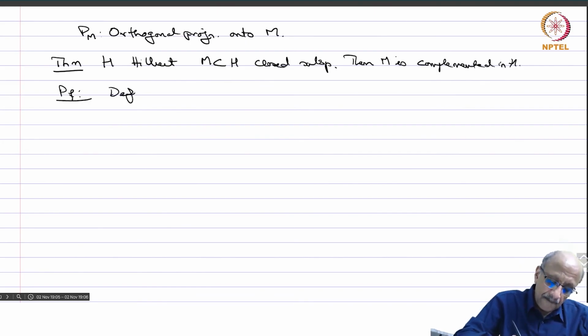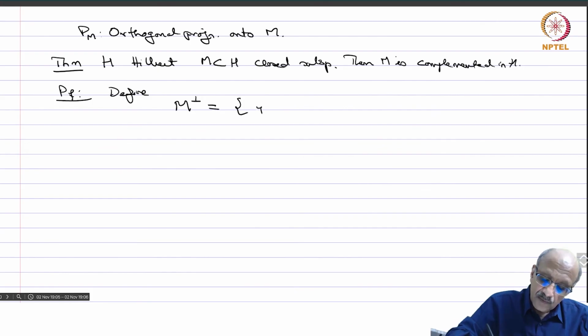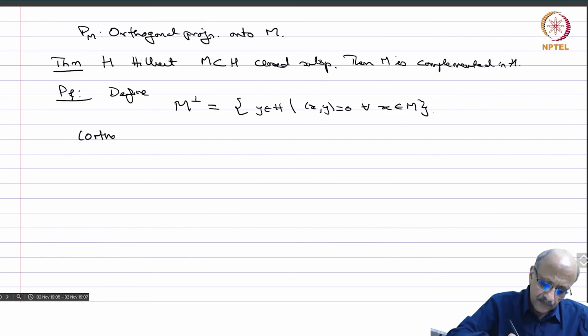Define M_perp to be the set of all y in H such that ⟨x, y⟩ is 0 for all x in M. Okay, so this is called orthogonal complement.